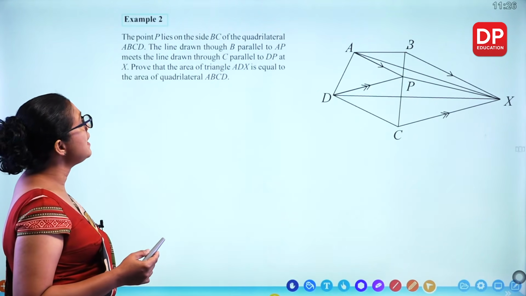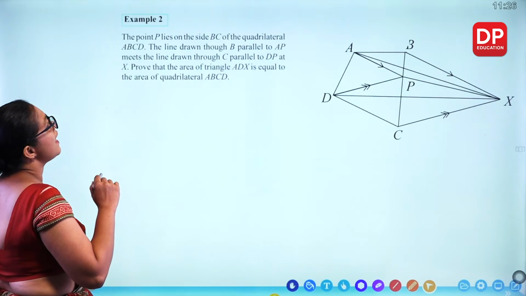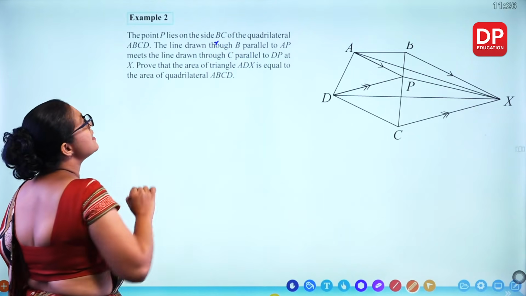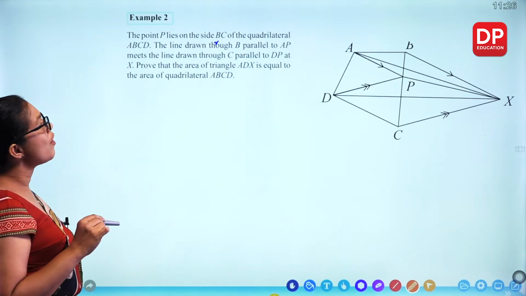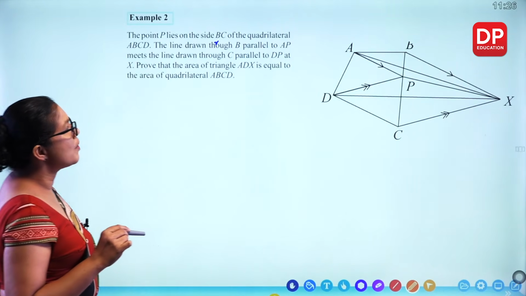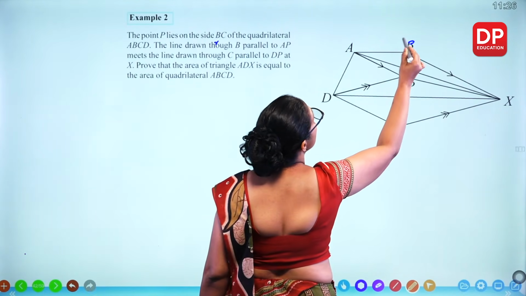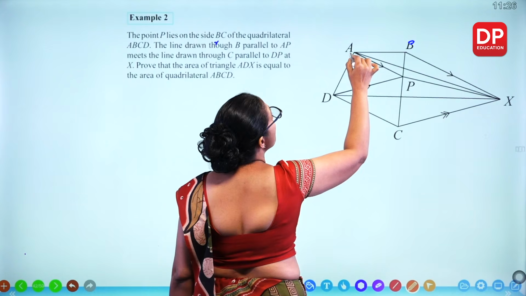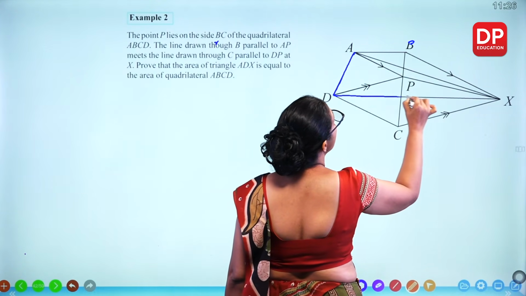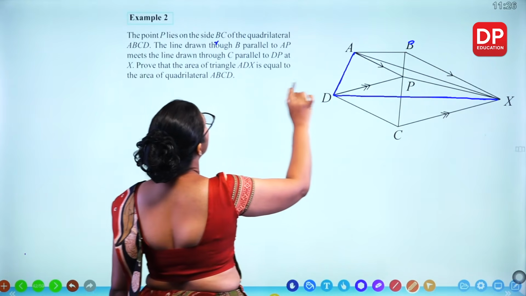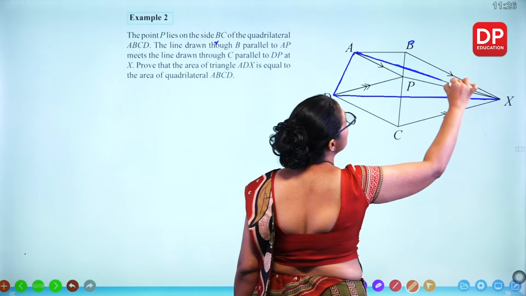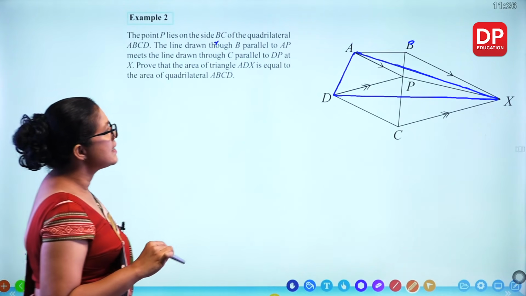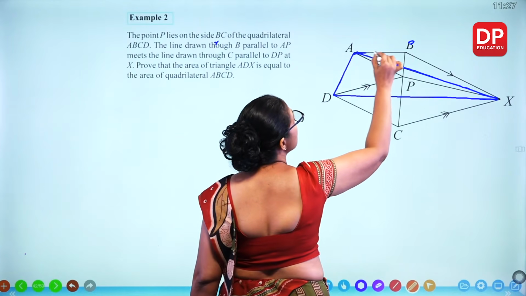The line drawn through P parallel to AB meets the line drawn through C parallel to DP at X. Prove that the area of triangle ADX is equal to the area of the quadrilateral ABCD, is this one.